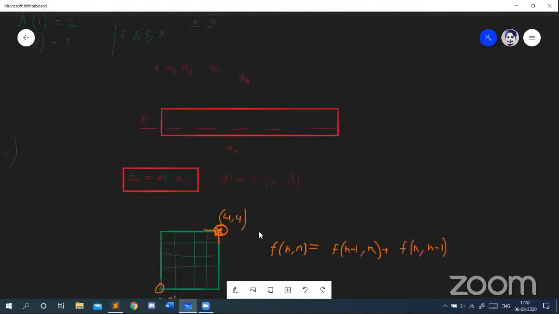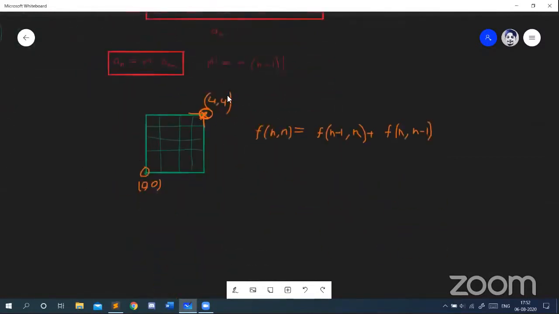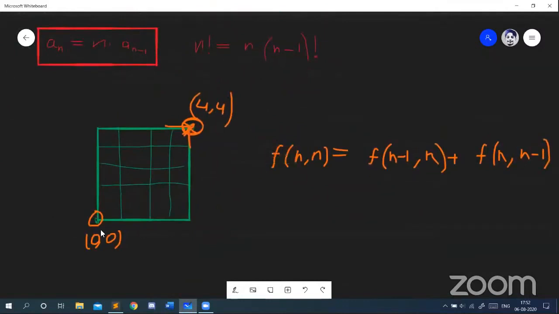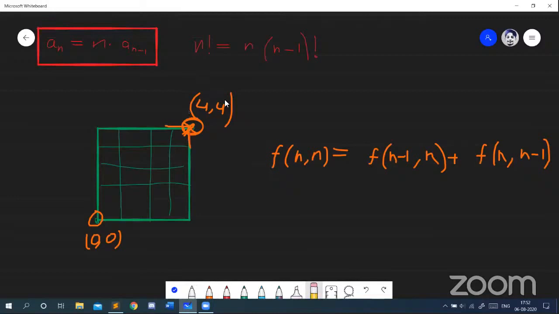For grid paths, what I'm saying is that any path that takes me from 0 comma 0 to 4 comma 4 will require me to move right 4 times, and it will require me to move up 4 times. So if you notice that this distance has to be covered, I have to move right 4 times, and I will have to move up 4 times, right?